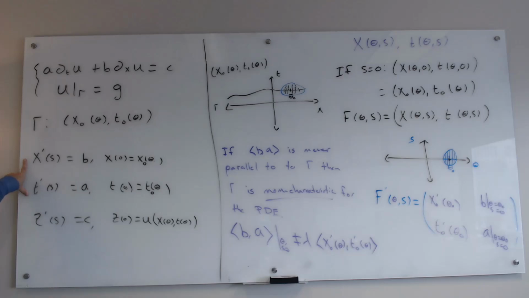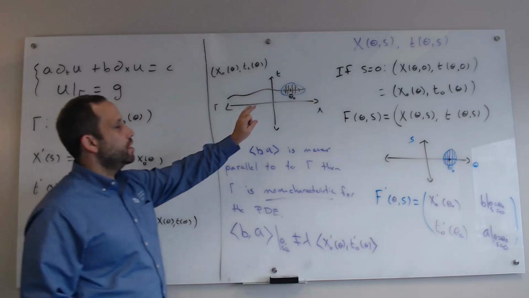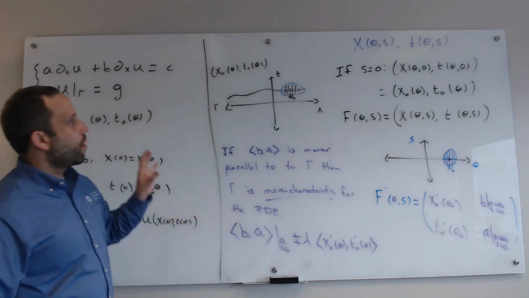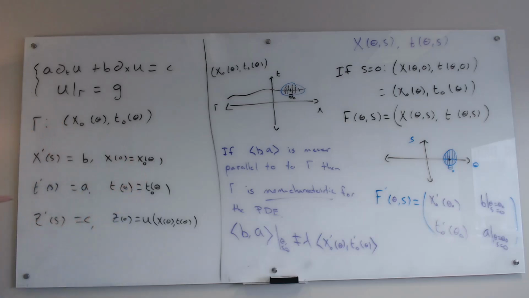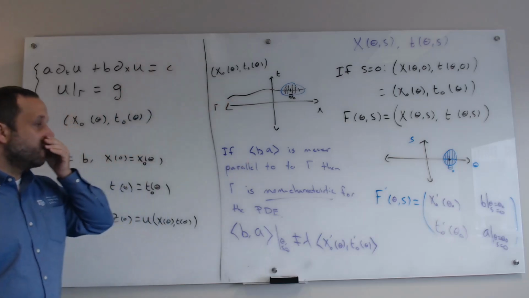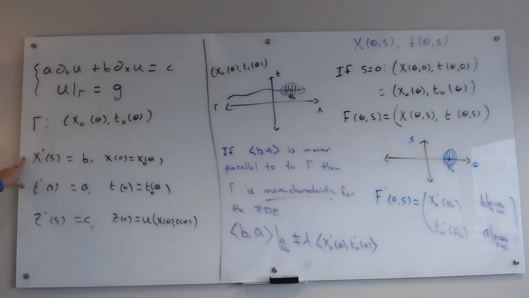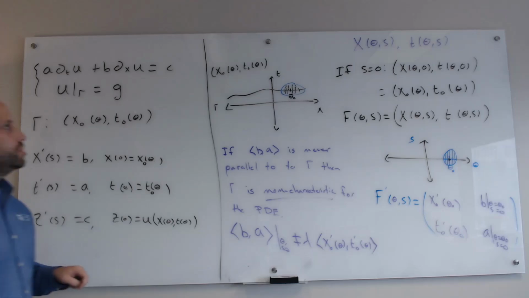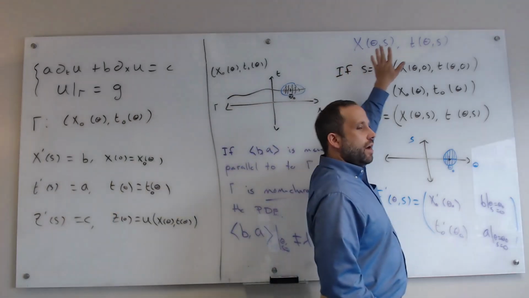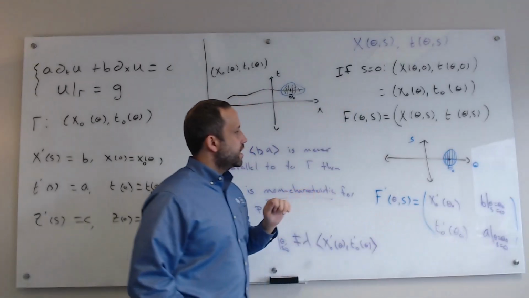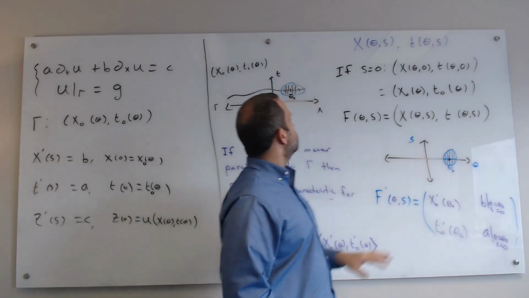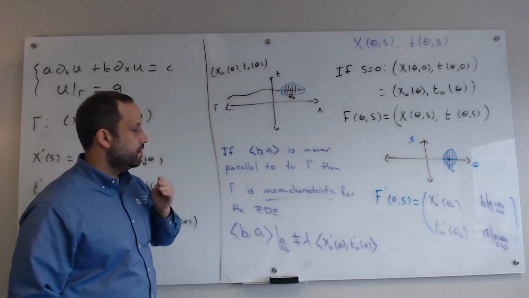Okay, so what we want to do then is make sure that every point in some neighborhood around theta naught is going to be on one of those characteristics. That's what this whole argument is over here. These two functions here, x of s, t of s, depend implicitly on theta. So if we denote that dependence explicitly, this gives us a function from the theta-s plane to the xt plane.